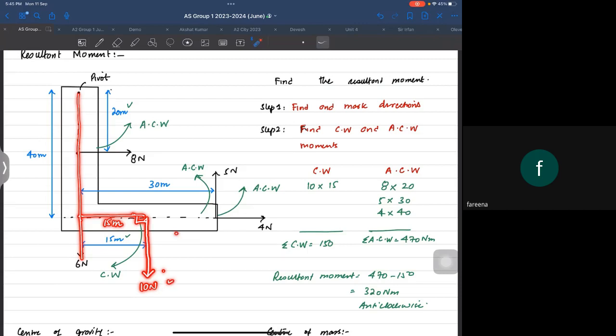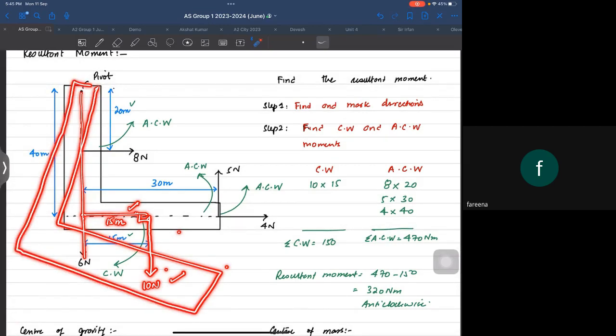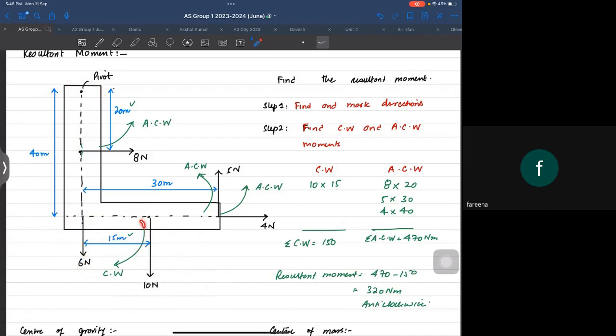So now 10 and 15 will cause this object, or trying to make this object go like this. You agree? So this means that it is going to turn it clockwise. So this produces a clockwise moment of value 10 into 15. Get it?